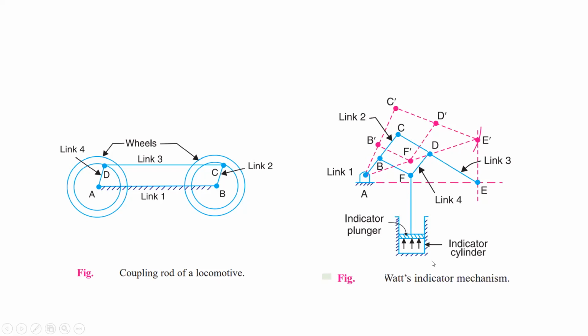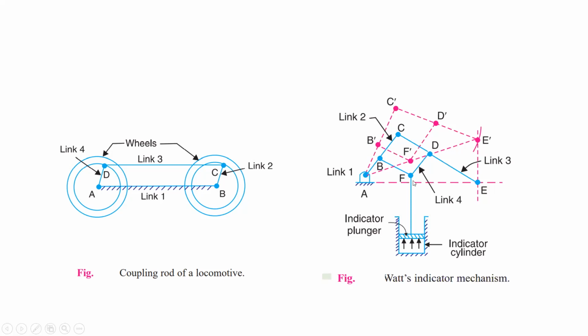Where this mechanism is used, Watt's indicator mechanism, it is used to measure the pressure inside the cylinder. Okay, so it may be a steam engine, so a high pressure steam will enter here. Okay, and as it will enter, it will push the piston upward.